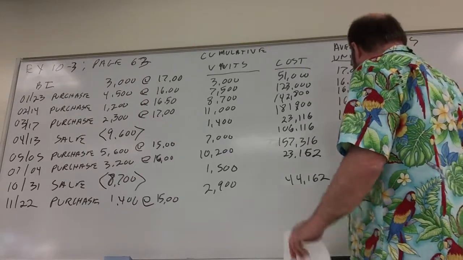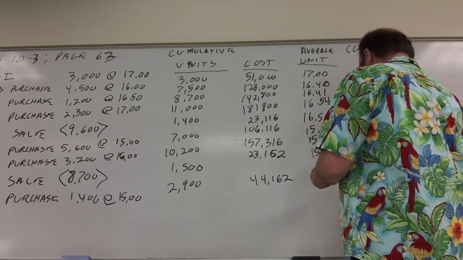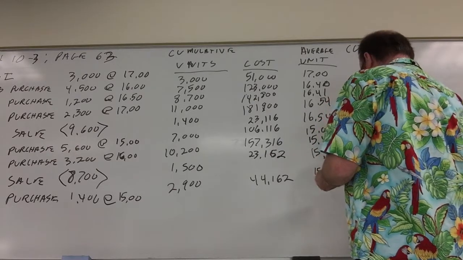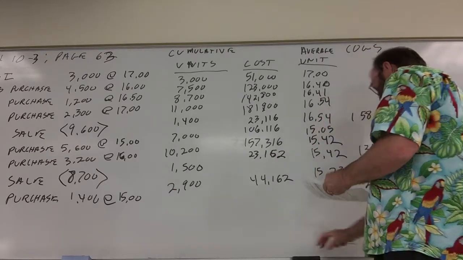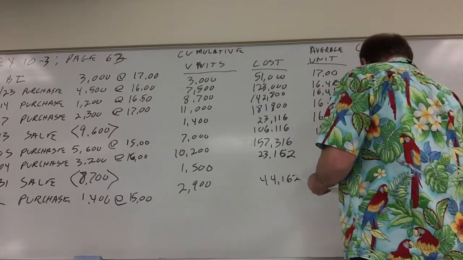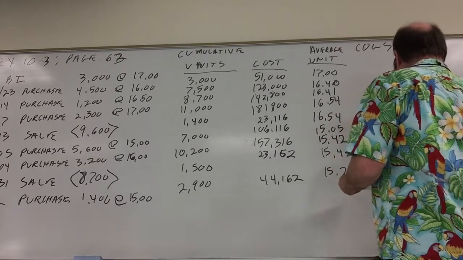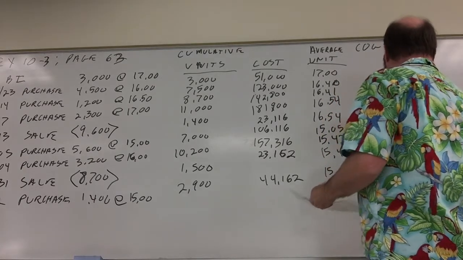It's 15.228. Yeah. So total cost of goods sold is, no, that's not right.